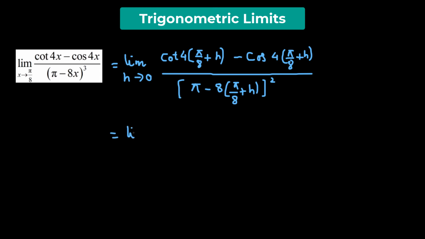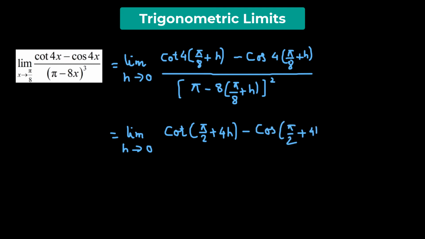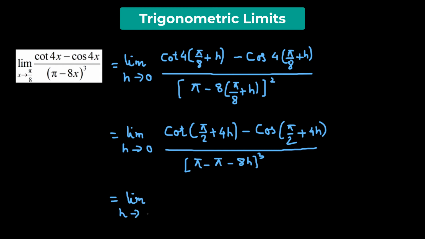which will give us limit h approaching 0 of cotangent of, so 4 times pi over 8 is going to give us pi over 2. So we have pi over 2 plus 4h minus cosine of pi over 2 plus 4h whole divided by pi minus, so 8 pi over 8 is going to give us pi minus 8h whole cubed, which will be equal to limit h approaching 0.